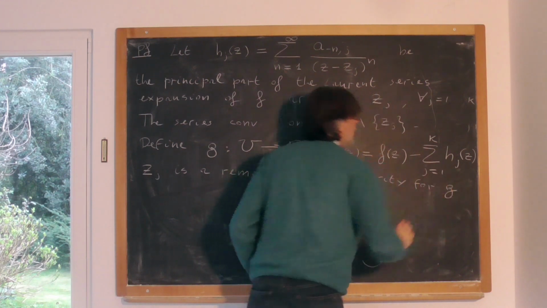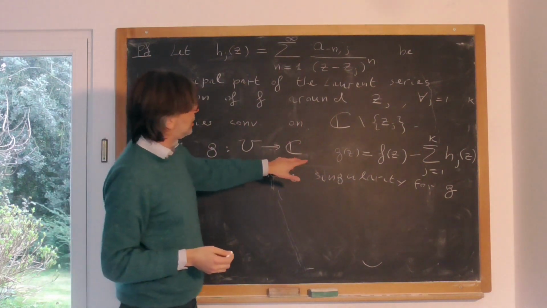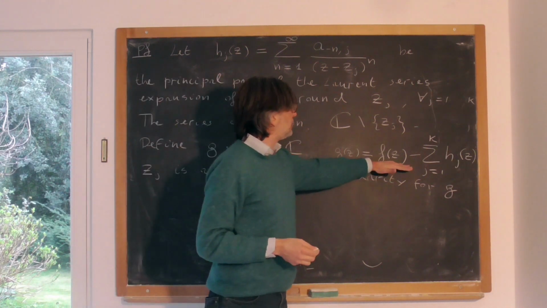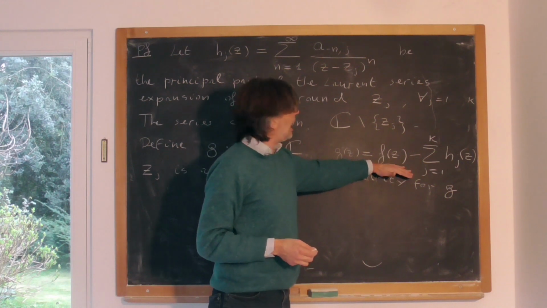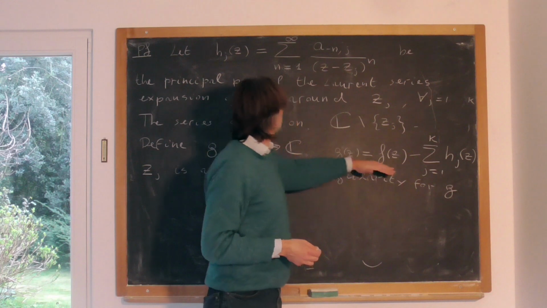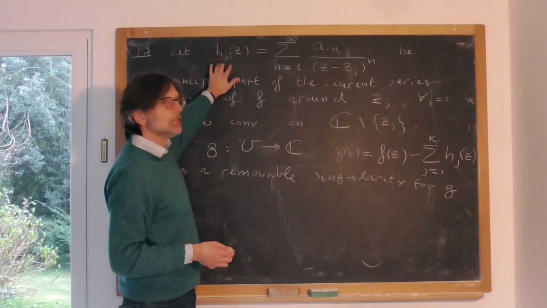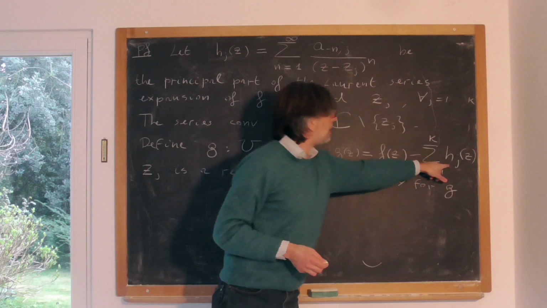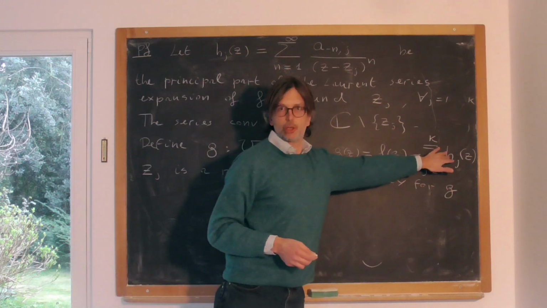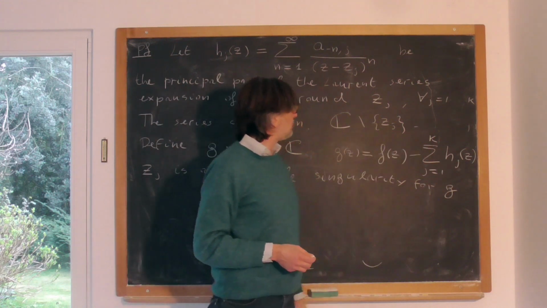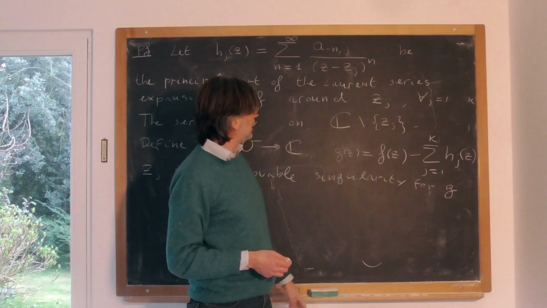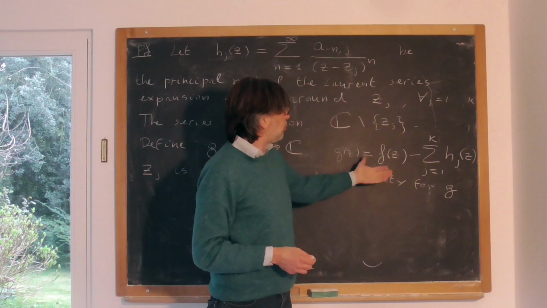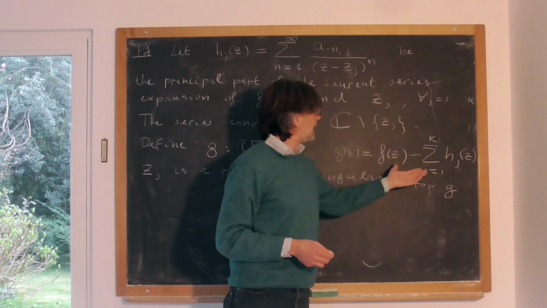for G. And the reason is that if we consider the Laurent series expansion around Zj, so here we will get the Laurent series expansion of F, and the Laurent series expansion of F will contain as principal part exactly Hj, but here we are then subtracting all these sum of Hj, so in particular we are subtracting Hj, so we are killing the principal part of this Laurent series expansion around Zj, and so what remains is just a nice holomorphic function.